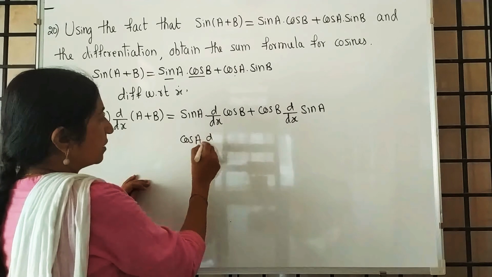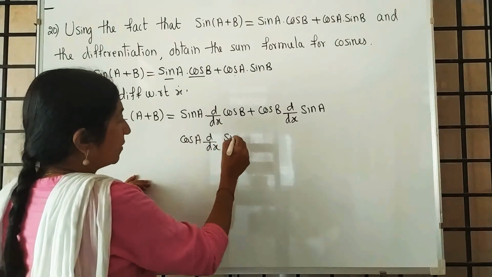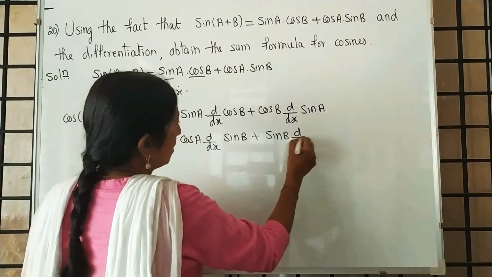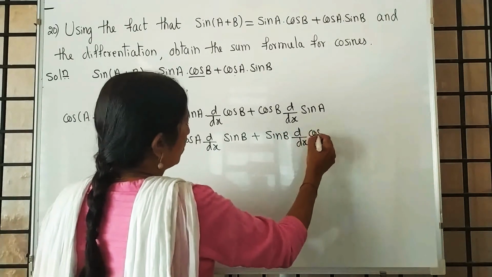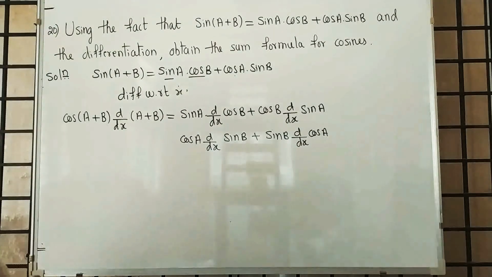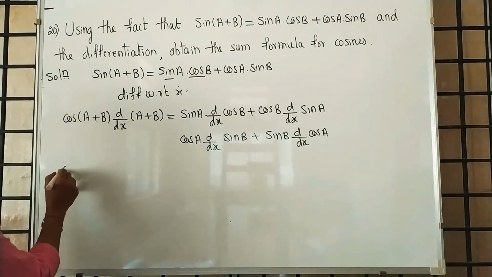Cos A as it is, differentiation of sin B, plus sin B as it is, differentiation of cos A. Here on the left side, cos(A plus B) as it is.